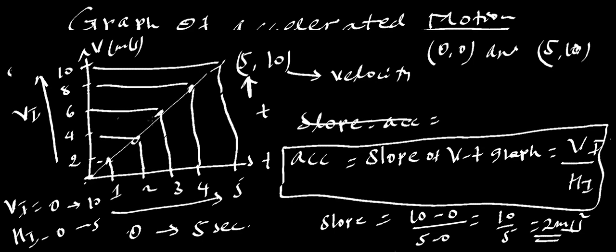Note that the distance time graph for uniformly changing velocity is a curve.